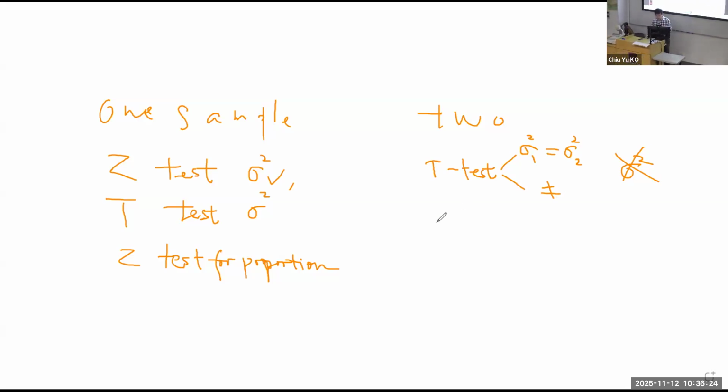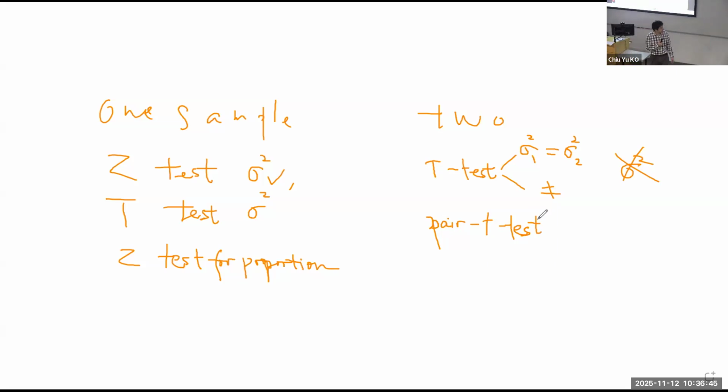Also we have a paired t-test. Paired t-test is saying that for each individual, you have a pair, population 1 and population 2.